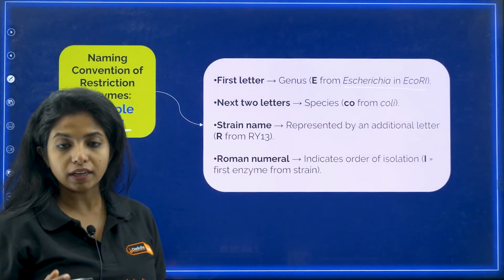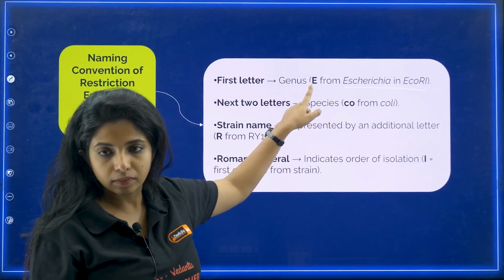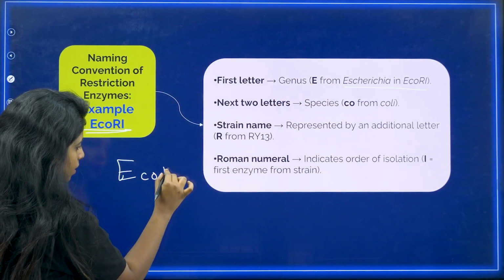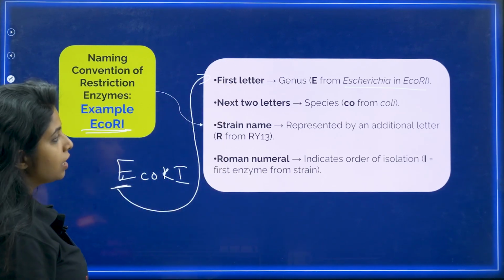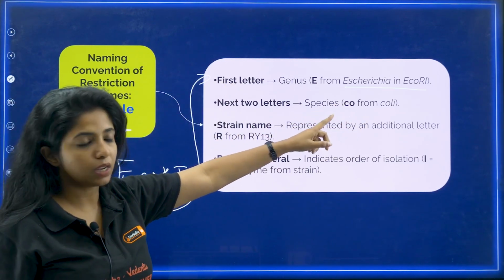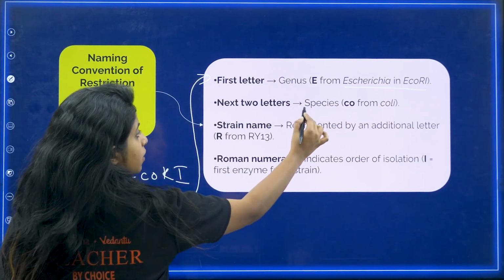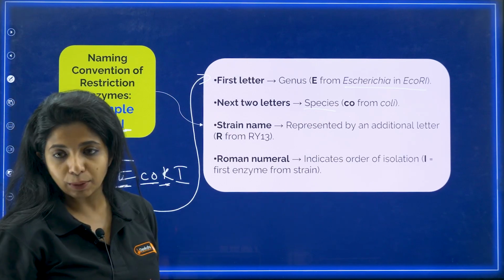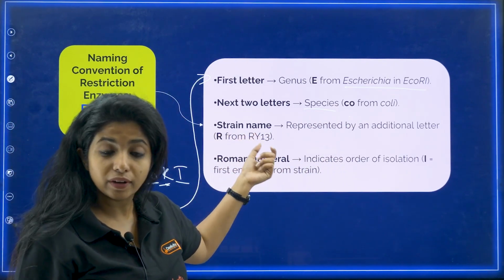In Escherichia coli bacteria, the E comes from this, or basically in EcoRI, the E comes from the genus name, that is Escherichia. Now the next 2 letters come from the species name. For example, coli, CO comes from that, the first 2 letters of the species name. Now talking about R, this is a strain name, represented by an additional letter, that is R, from RY13. So RY13 was a strain.